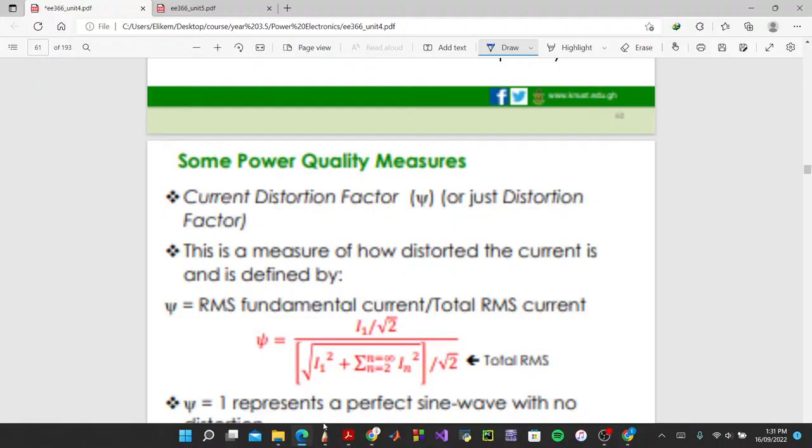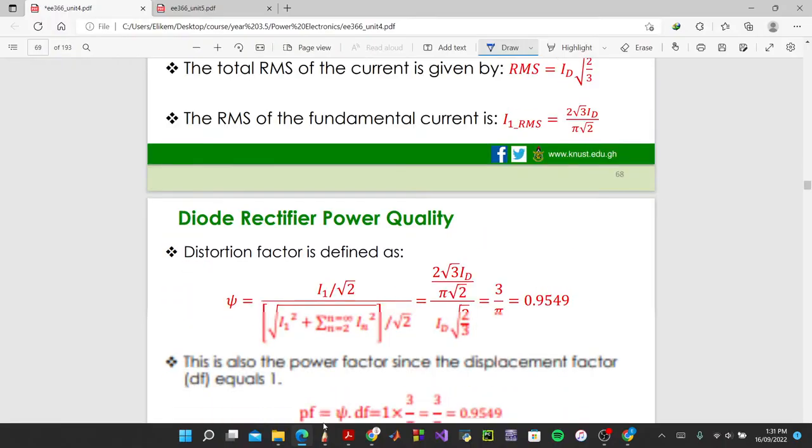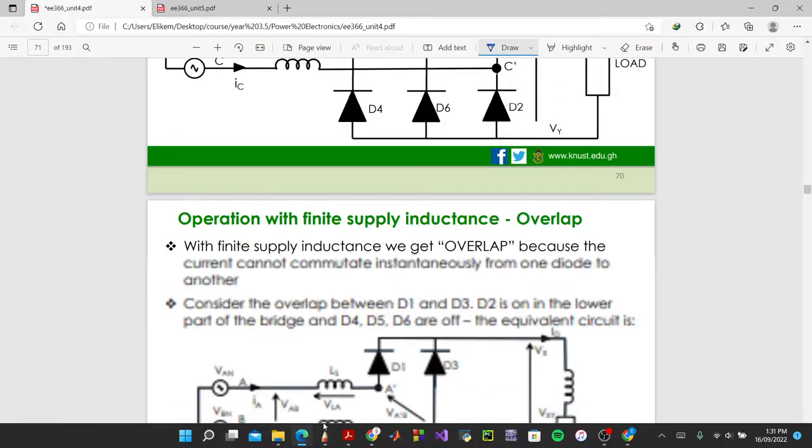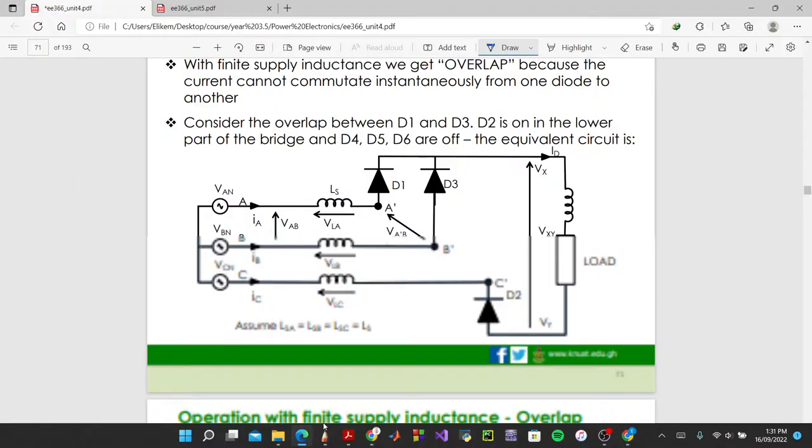Overlap is down. Now, when you introduce input inductance like this, it will cause the overlap, right?